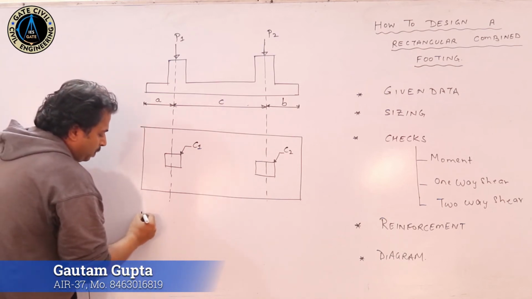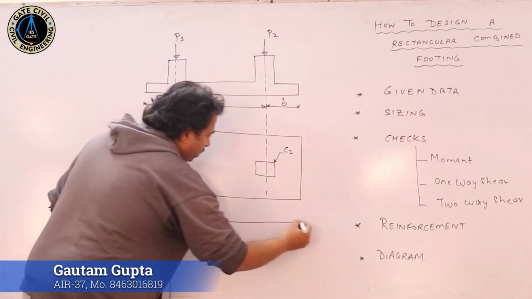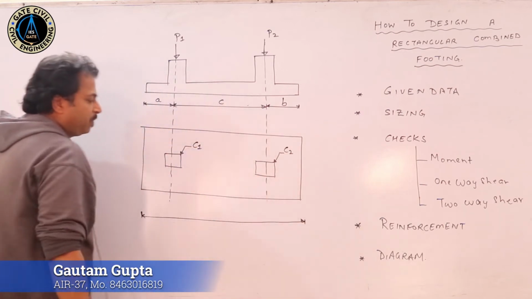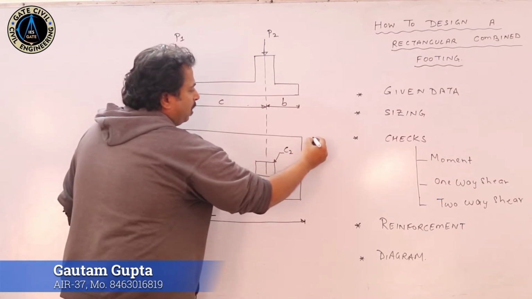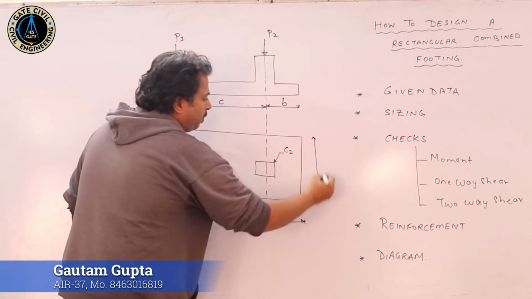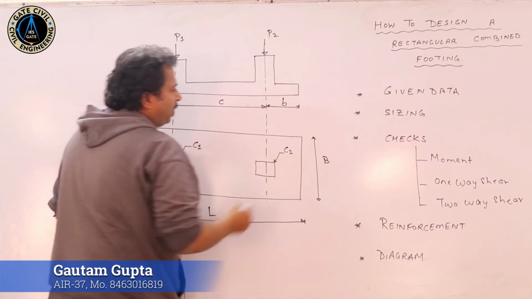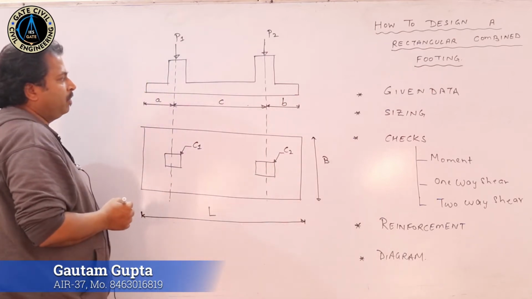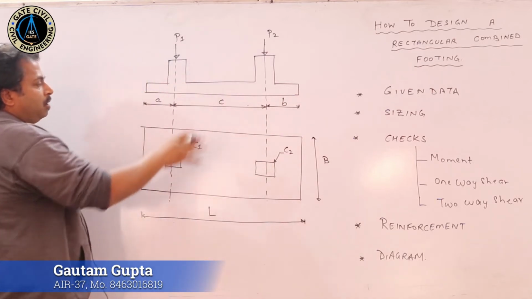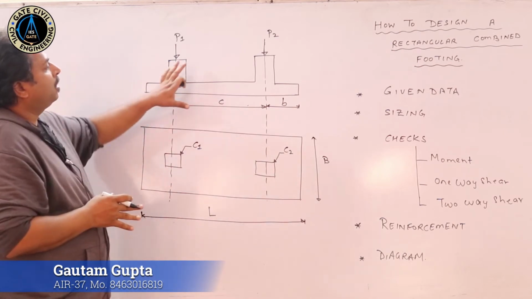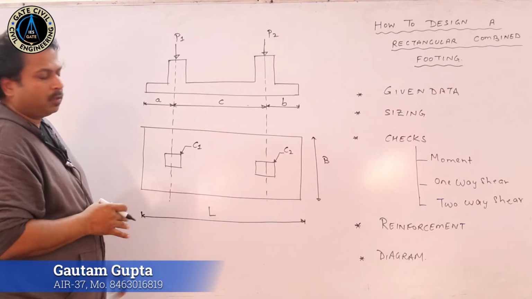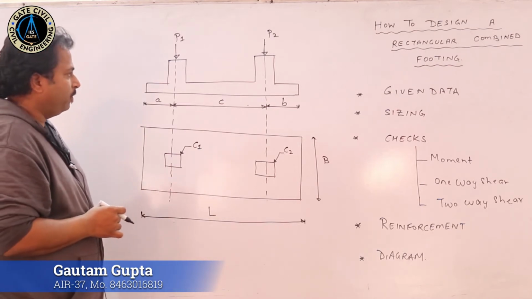Now, this total length, representing it as capital L, this total width, representing it as capital B. Okay. So, this is a basic elementary profile of a combined footing. This is the elevation view and this is the plan view.